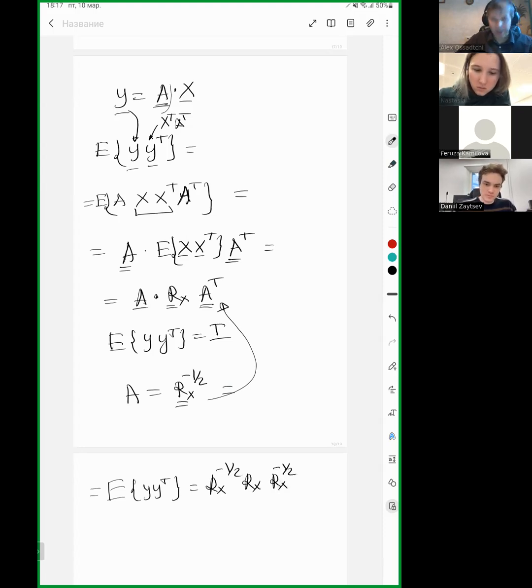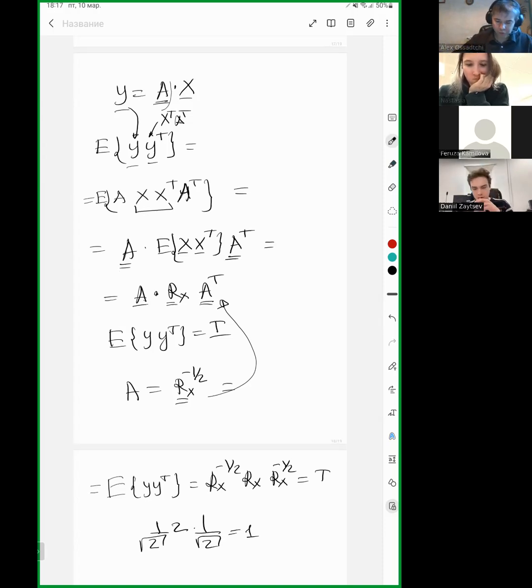It's transposed, but Rx is symmetric and its square root is also symmetric. So that will give you identity. If you put it into scalars, it's just some z multiplied by 1 over square root of z multiplied by 1 over square root of z. It's 1, but it's just a matrix. We don't use just 1 over; we use the inverse square root, the square root of the inverse of the matrix.